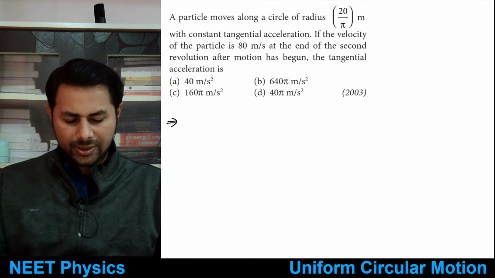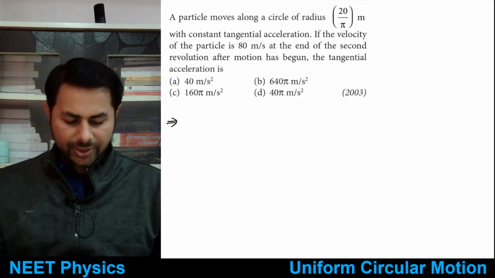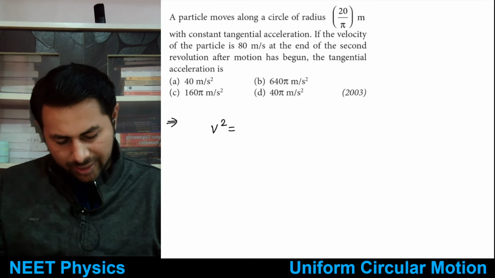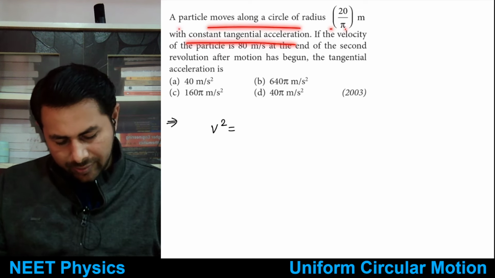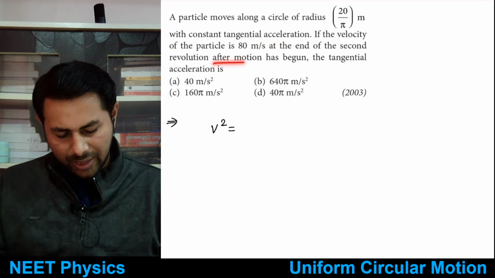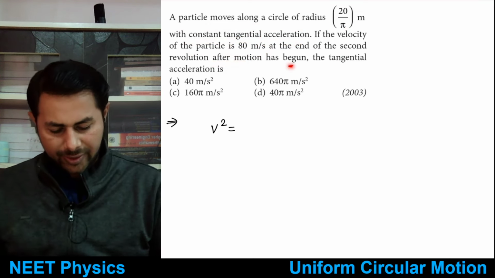So velocity is 80 meters per second at the end of second revolution. So you have this thing v square is equal to... does it start from rest? Particle moves along circumference. If velocity of particle is 80 meters per second at the end of second revolution after the motion has begun, okay, so it starts from rest, right?